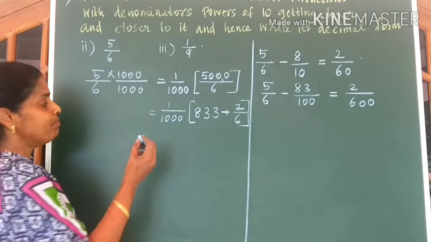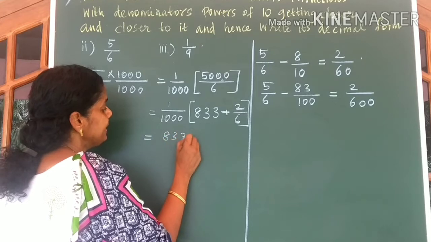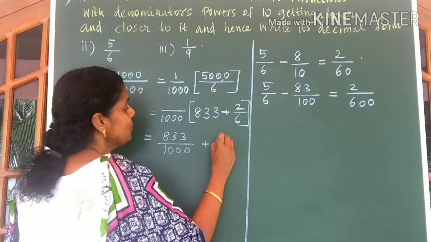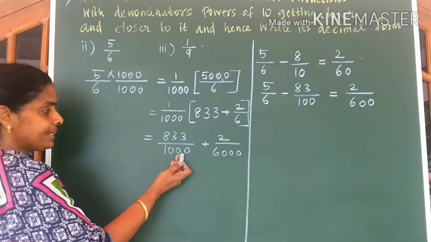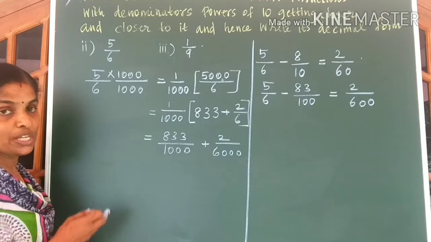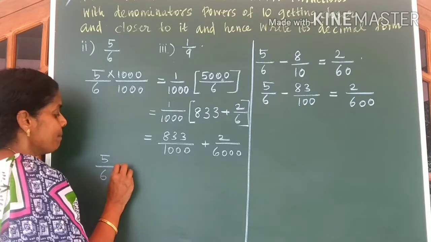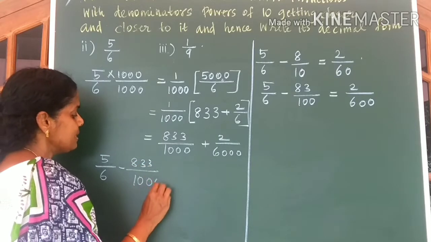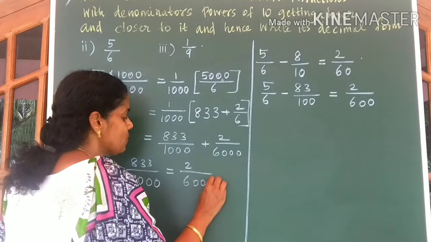Now as we did before, this is equal to 833 divided by 1000 plus 2 by 6000. If you take this 833 by 1000 to the other side, you get 5 by 6 minus 833 by 1000 is equal to 2 by 6000.